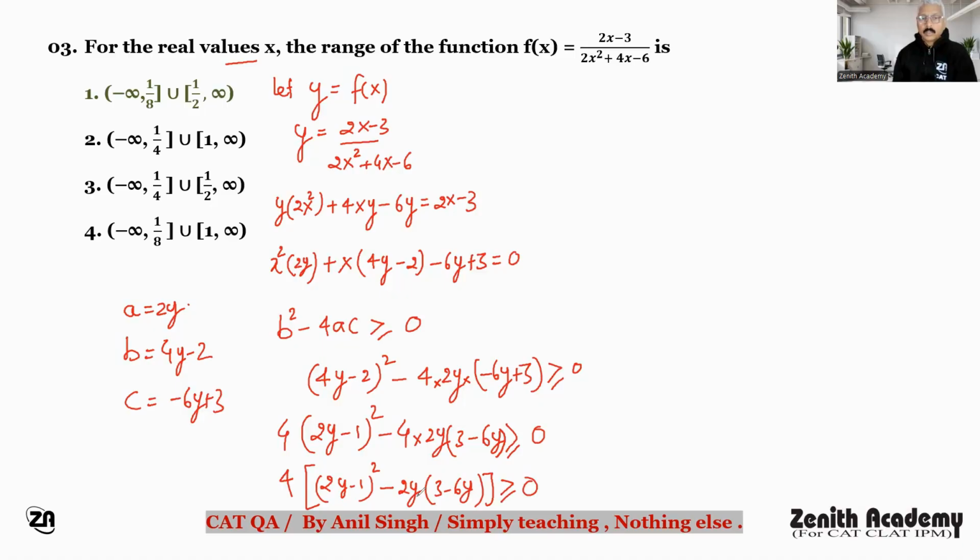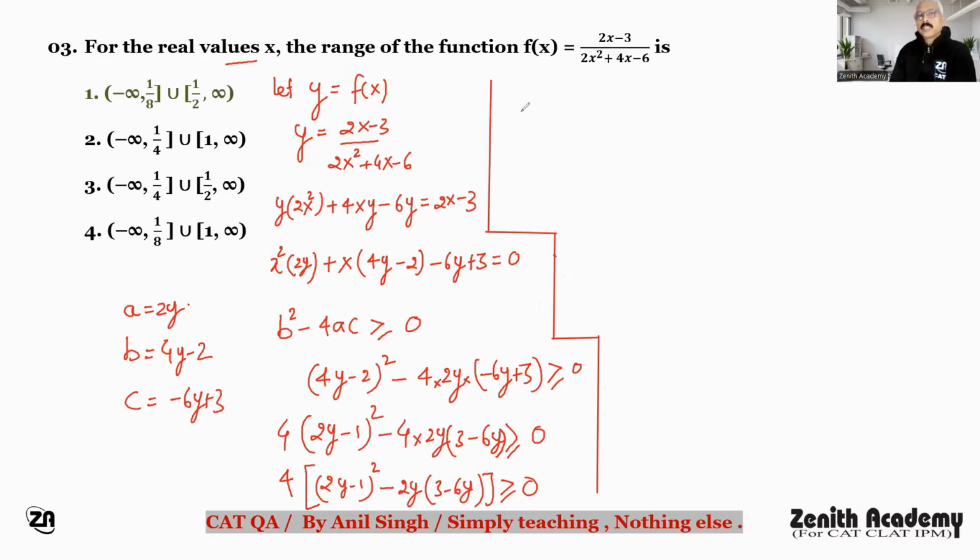Now this inequality can be solved for getting the value of y. So let us take this 2y minus 1 whole square and 2y into 3y minus 1.